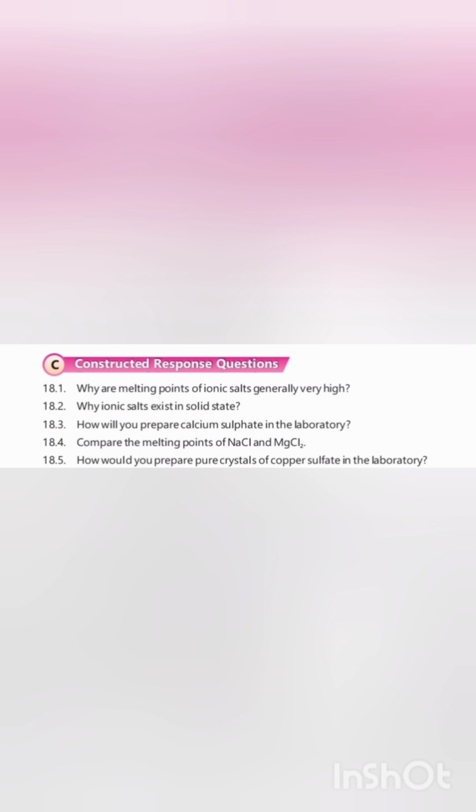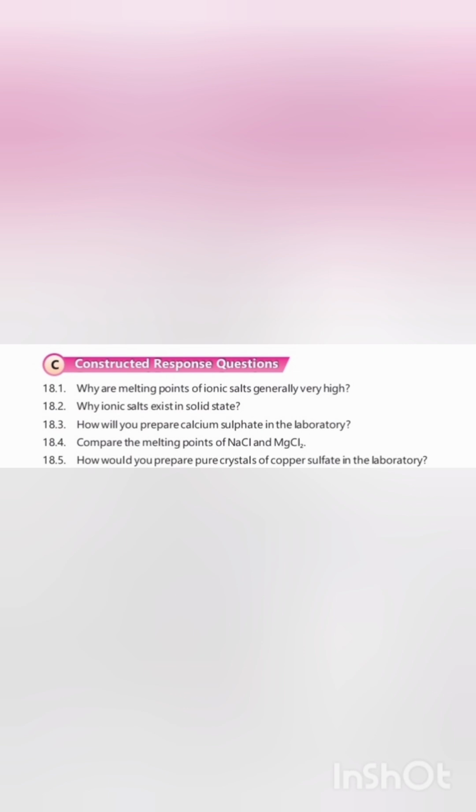The ions cannot slide past one another or flow independently. This results in a rigid, stable three-dimensional pattern, a crystal lattice, which causes ionic compounds to naturally exist as crystalline solids.